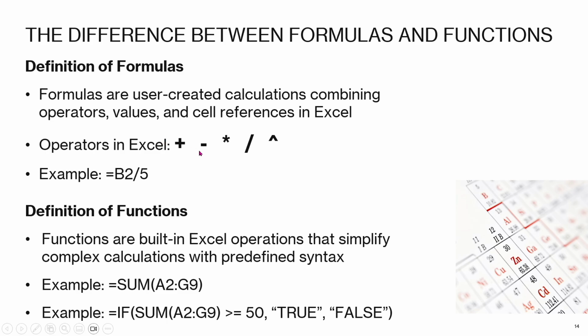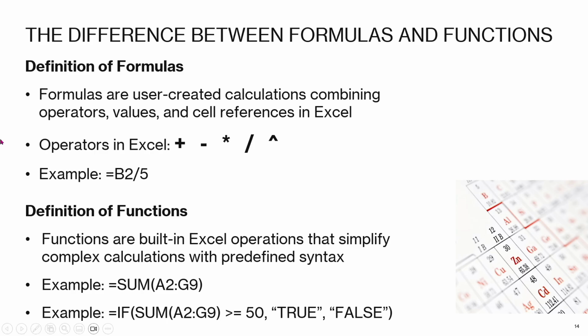Now, in this case, as an example of doing a calculation, this is using equals B2 divided by 5. So every formula or function in Excel always begins with the equal sign. That's the trigger that Excel uses to know that anything coming after it is some type of a calculation that has to be performed.